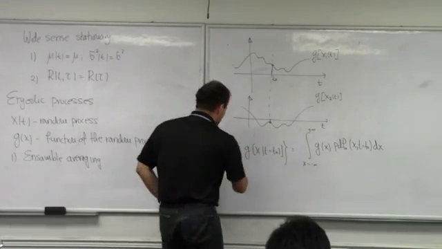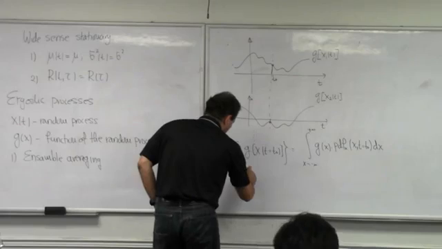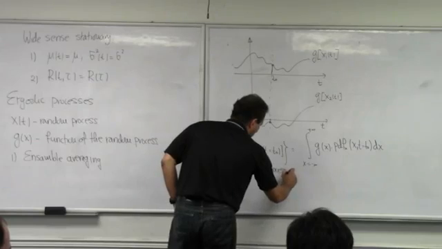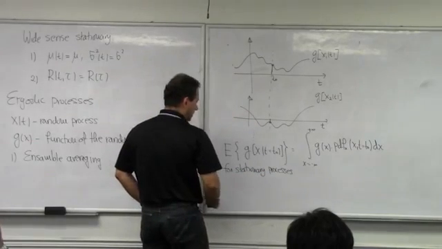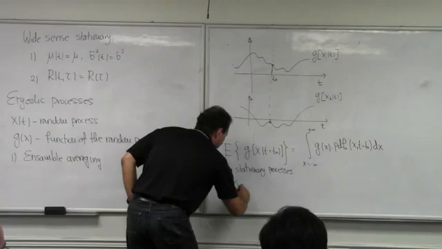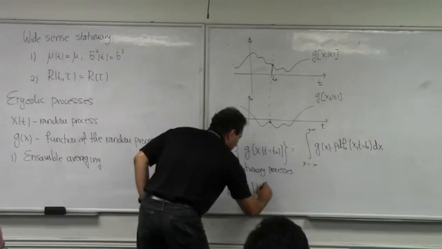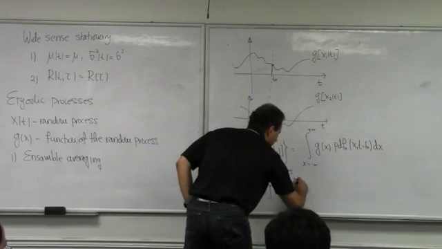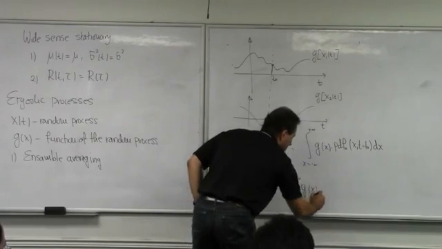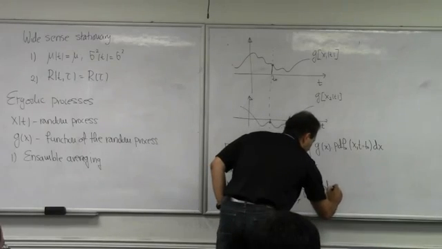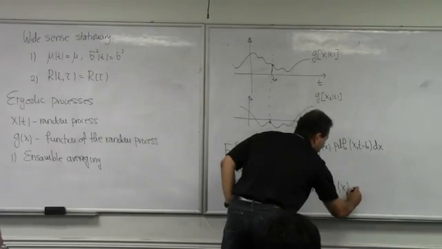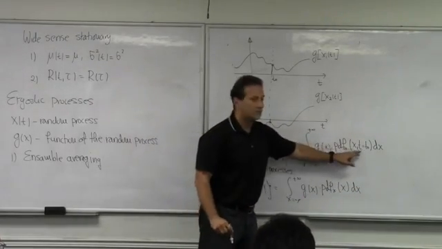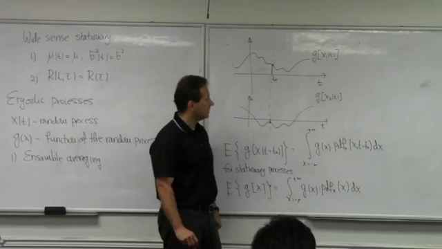So for stationary processes, we can drop the t0, and the expected value of g(x) is equal to the integral, when x goes from minus infinity to plus infinity, of g(x) times the PDF of x, dx. Because the PDF of x is now only a function of x, not a function of t, because it's the same for every t.